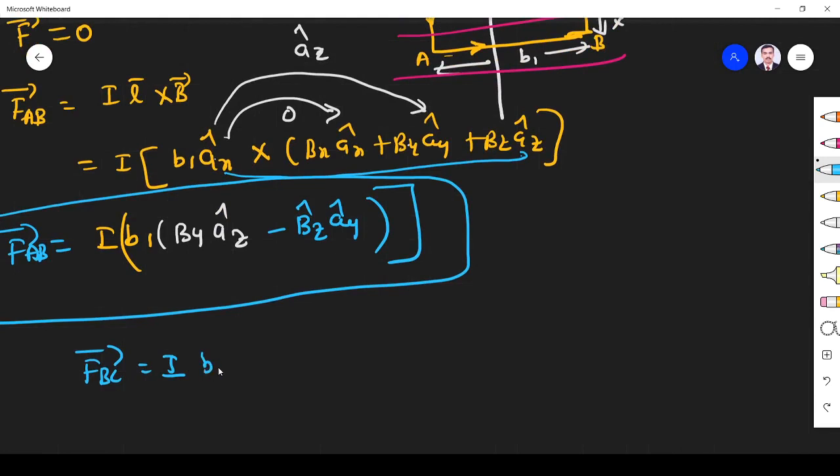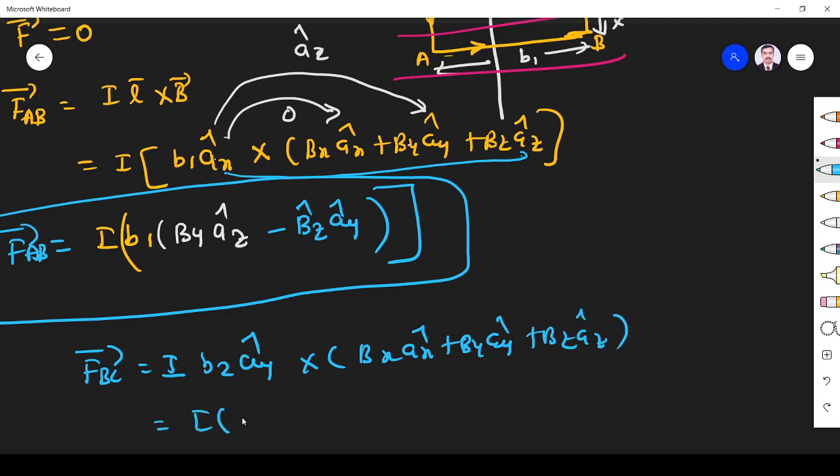So L is B2 ay cross Bx ax plus By ay plus Bz az. Taking the cross product, we get I into minus B2 Bx az plus B2 Bz ax. This is FBC.